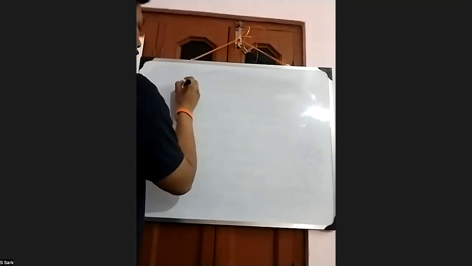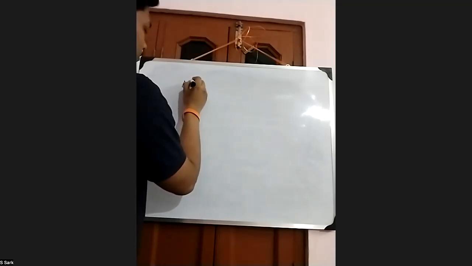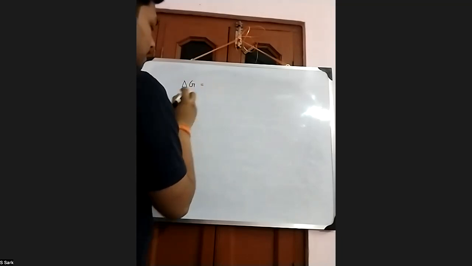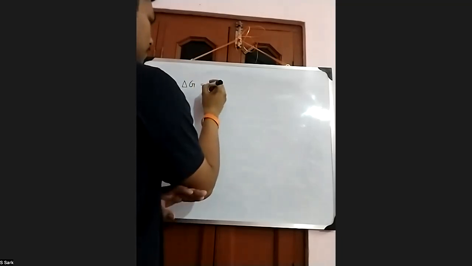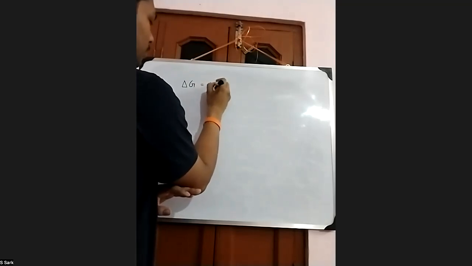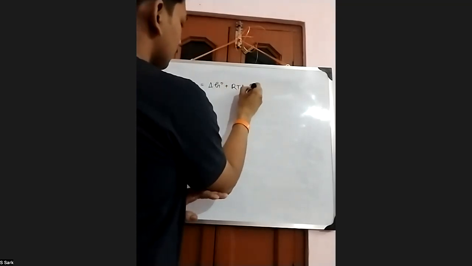So in a process, if we take the Gibbs free energy change, then we know the formula, which is del G equals del G0 plus RT ln QC.